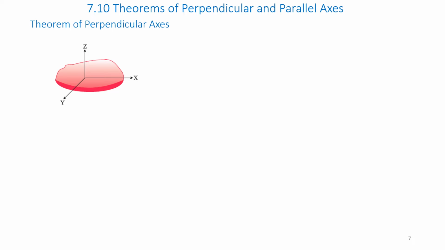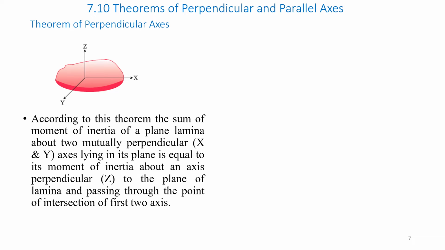The figure illustrates the theorem. According to this theorem, the sum of moment of inertia of a plane lamina about two perpendicular axes, that is x and y, lying in its plane is equal to its moment of inertia about an axis perpendicular to the plane of the lamina, that is z, and passing through the point of intersection. I will read once again.